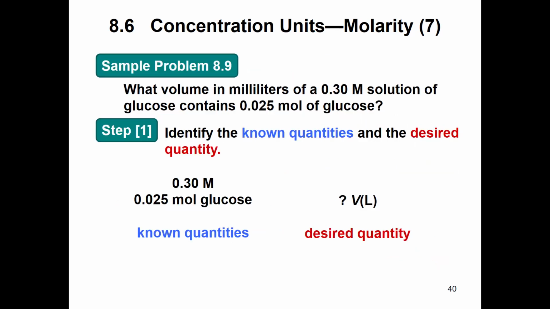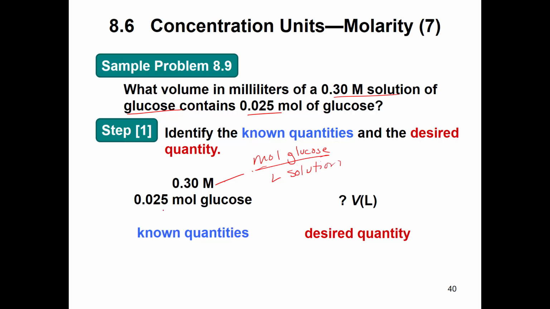So what volume in milliliters of a 0.3 molar solution of glucose contains 0.025 moles of glucose? You've got 0.3 molar, and we know it's moles of glucose per liter of solution.